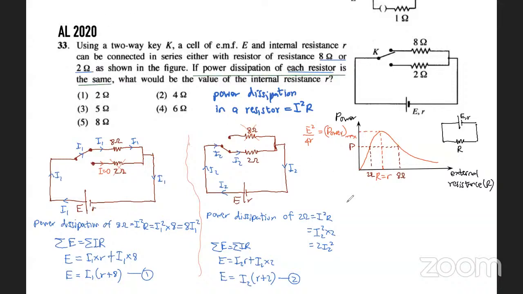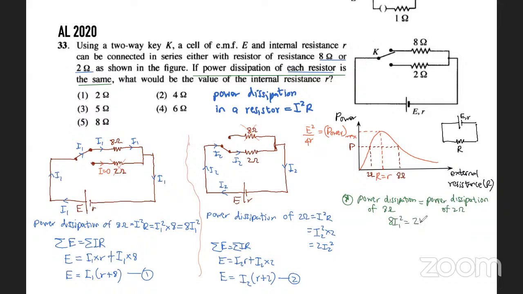I'll write that green color part here. Power dissipation of 8 ohm is equal to power dissipation of 2 ohm. For 8 ohm, it is 8 I1 squared.